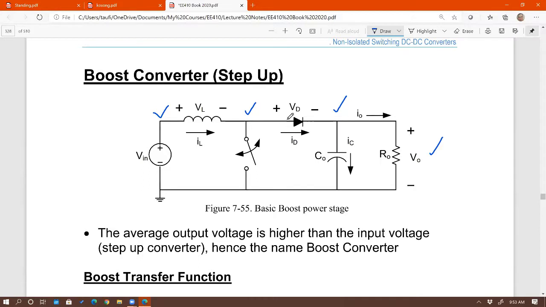In a buck converter, the switch is at the input, and the inductor, the critical component, the heart of the converter, that's what I call it, is at the output. So that would give us a step down. Once you put that heart of the converter at the input, it becomes a boost, right? Guess what happens if I put that inductor in the middle? That's going to be a buck boost, right?